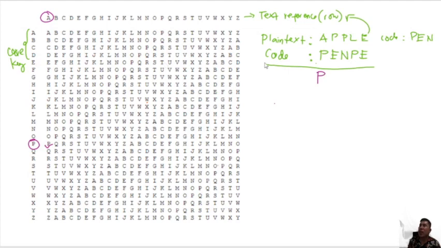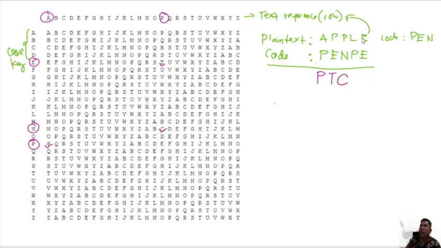The next pairing will be P and E. The intersection of P and E is T, so you will write T here. Then you have P and N, and the intersection is C.